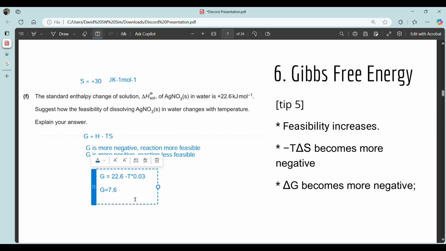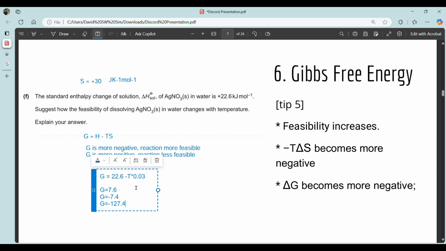Now, what happens when we increase T to 1000? We get negative 7.4. Now let's get crazy, at 5000 Kelvin. We get a whopping negative 127.4.